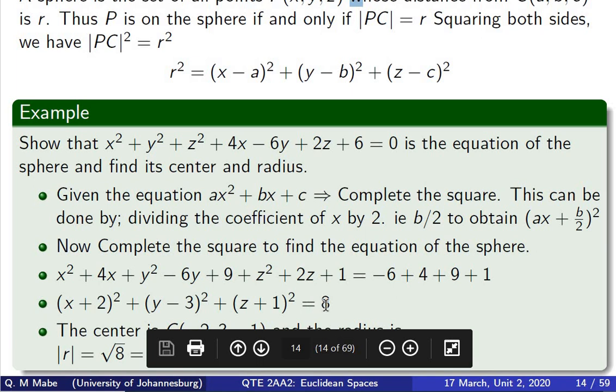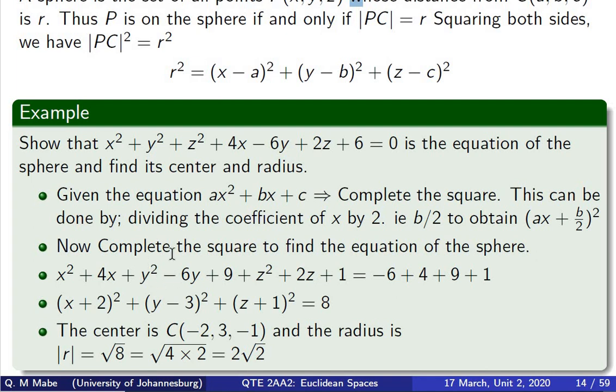If we simplify further, we get 8. Don't forget we should have had 4 here. So when we simplify our expression further, we get 8.